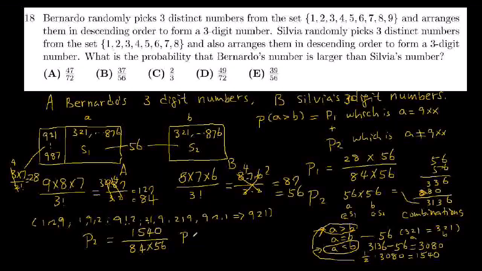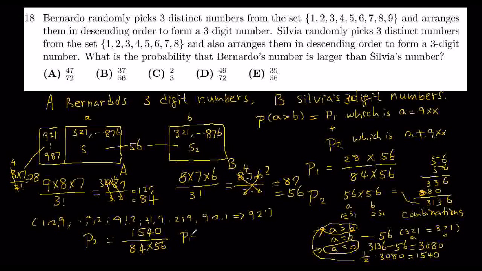So we do the sum of P1 plus P2. If we reduce this further, it became 1/3. And for that we can simplify by dividing by 2, which gives 42 and 770.